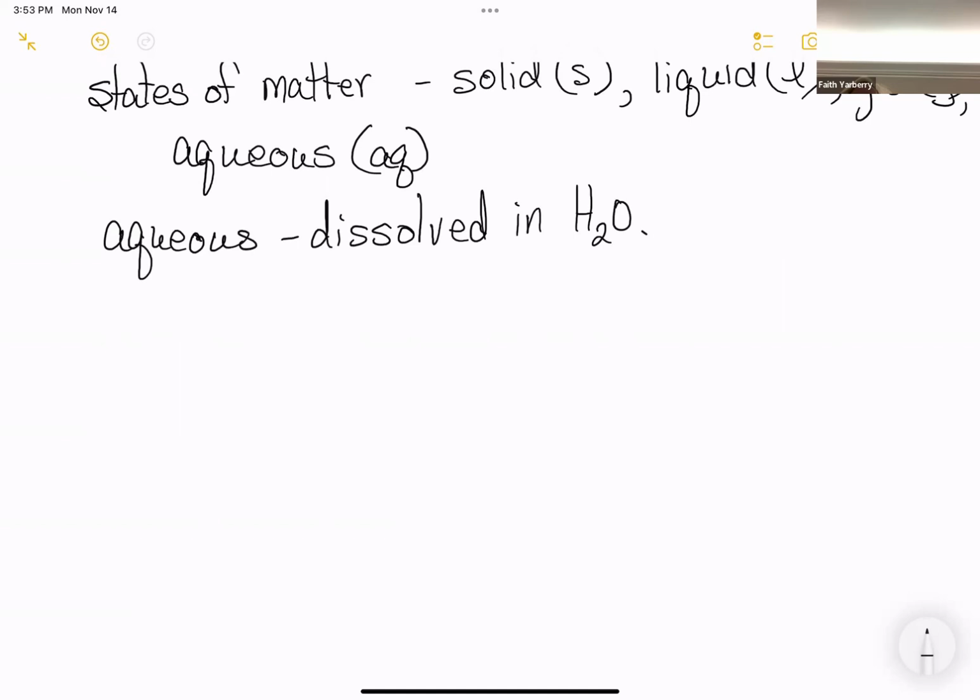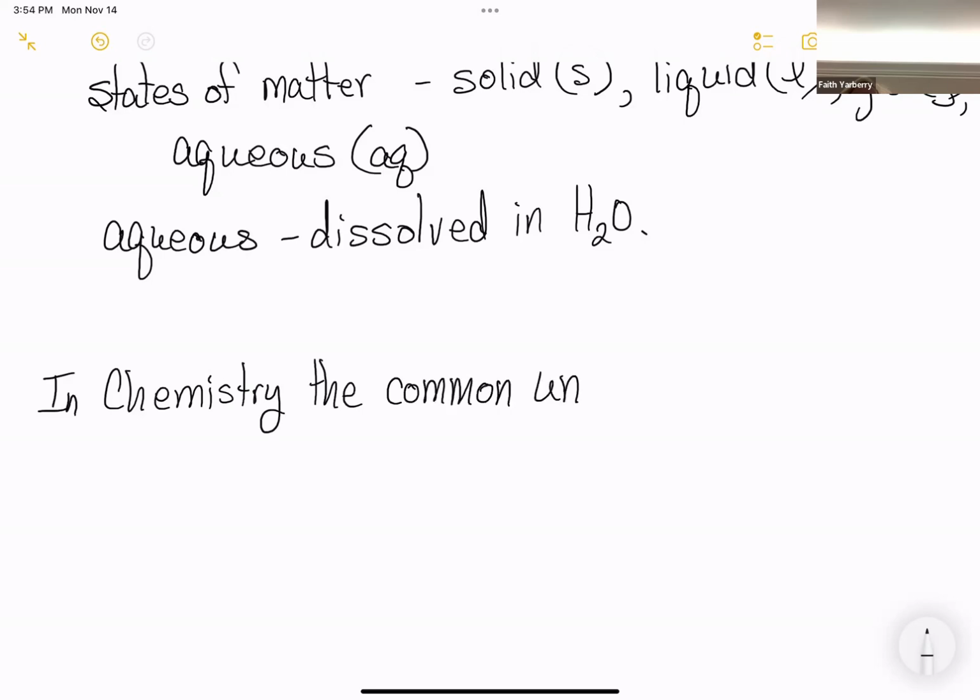Now, in chemistry, the most common unit for a solution is molarity.